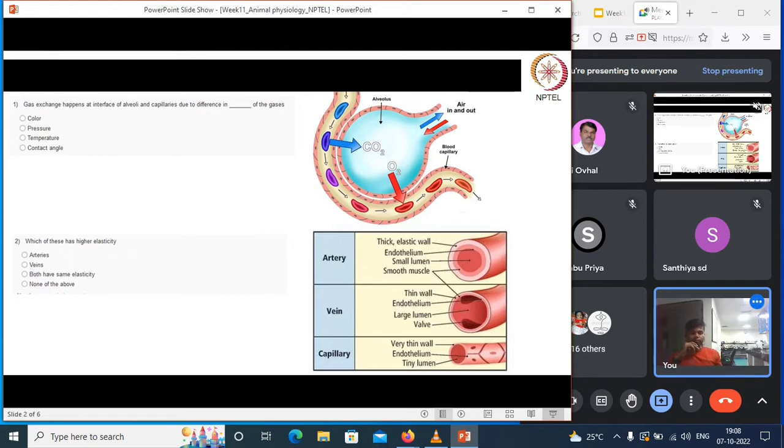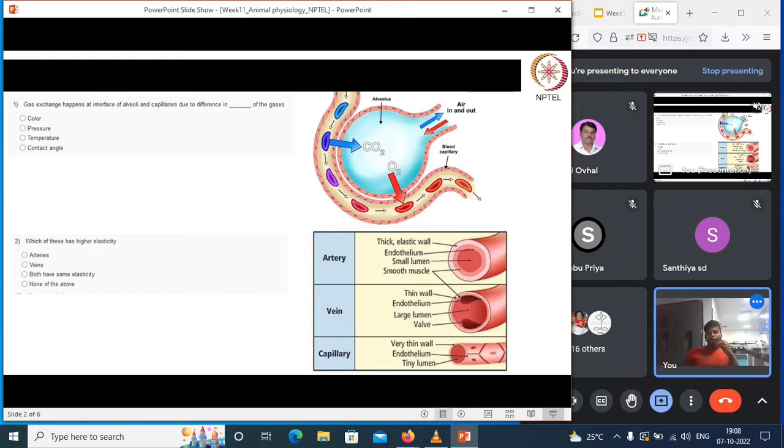See, in the alveolar wall there is lots of oxygen, because it is a part of our lungs, and the lungs are filled with oxygen as we inhale and exhale.